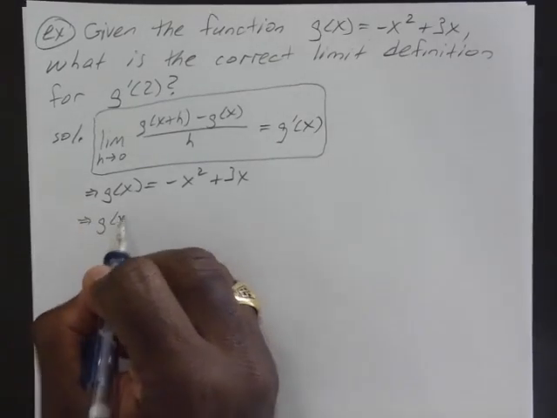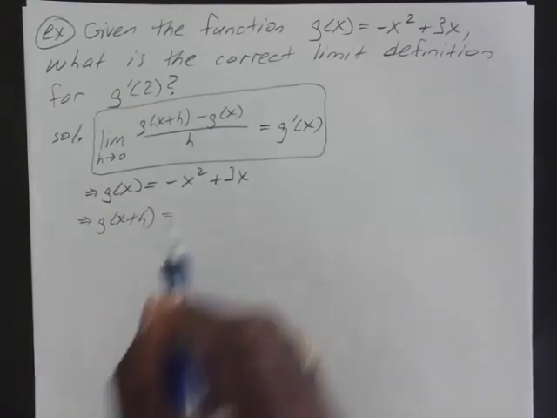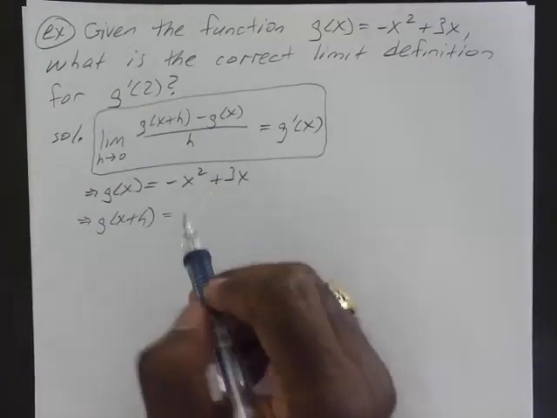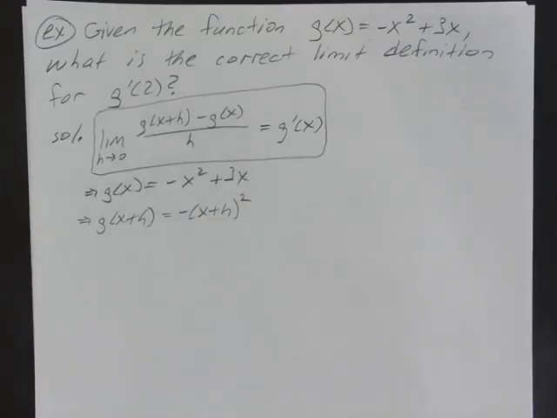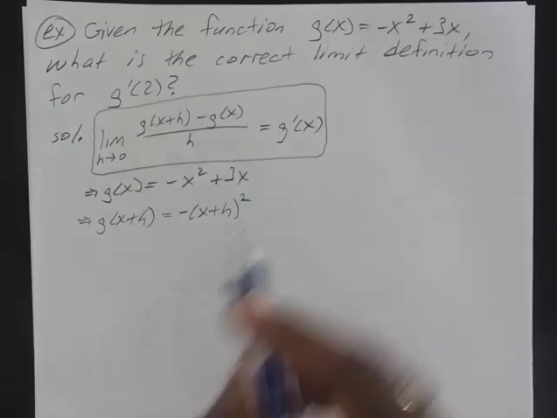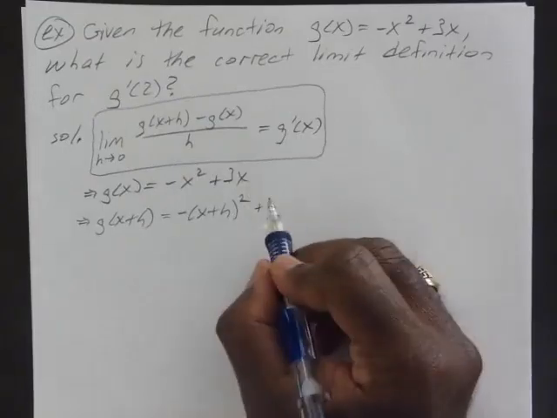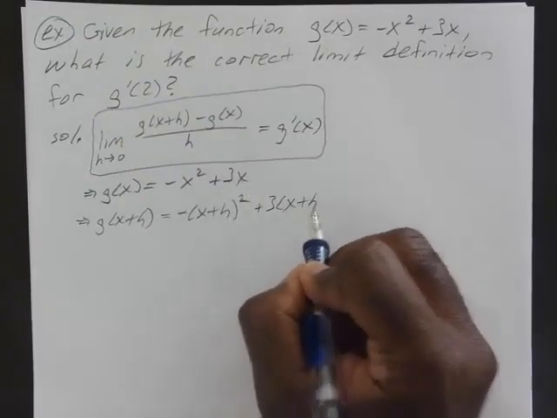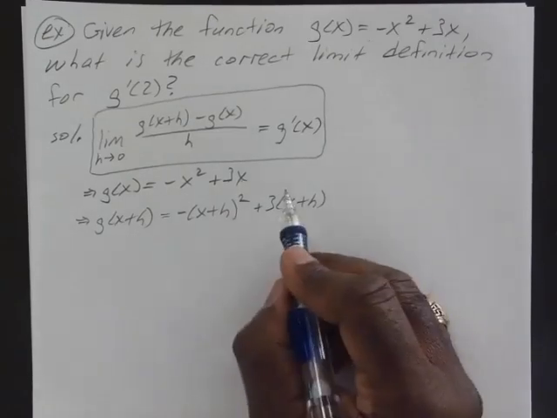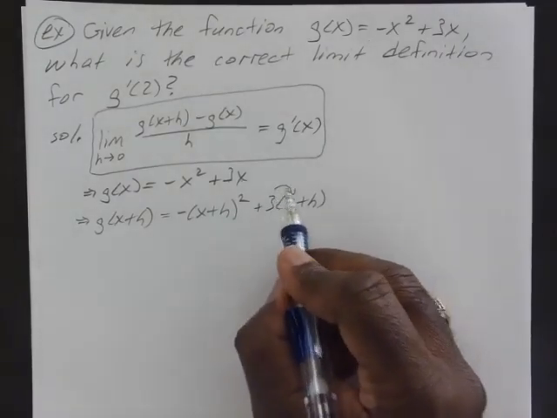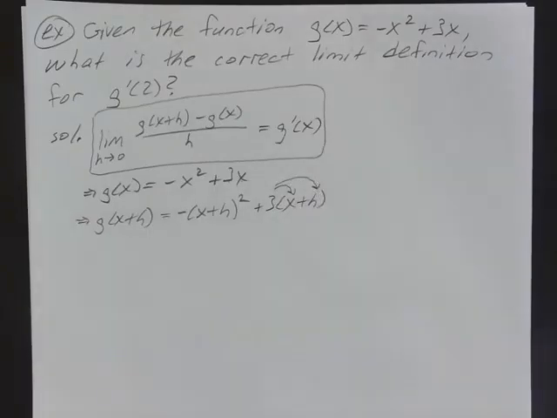And our g of x plus h, we just make this, instead of negative x squared, it's negative x plus h squared. Plus, instead of 3 times x, it's 3 times x plus h. So just to simplify it a little bit, we're going to distribute that 3.